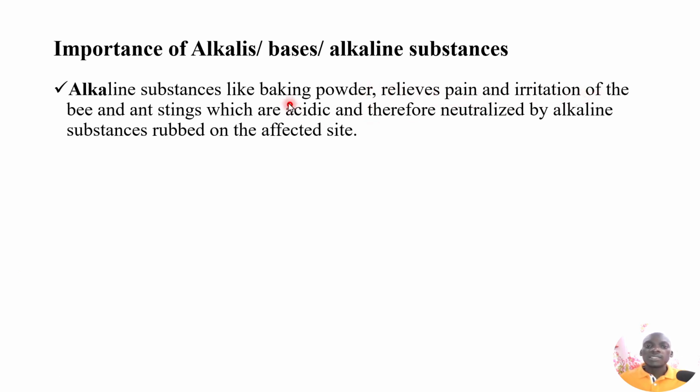So this baking powder, which is alkaline, can be rubbed on the skin or around the affected or the stung part of the skin, and it's going to relieve the pain and therefore prevent the inflammation and further itching or pain.